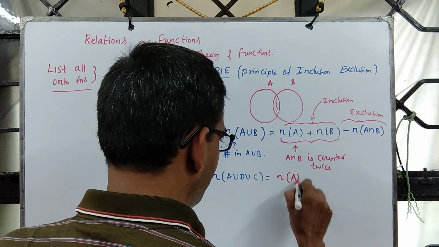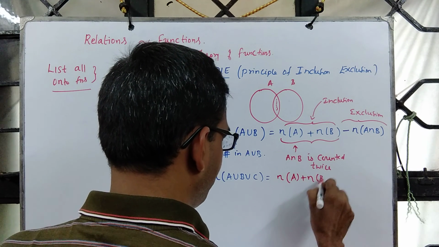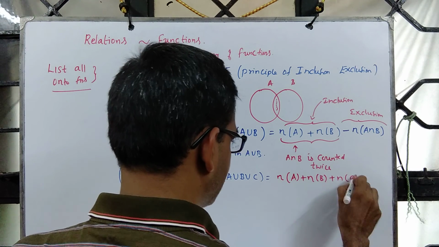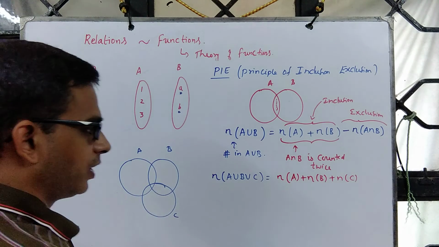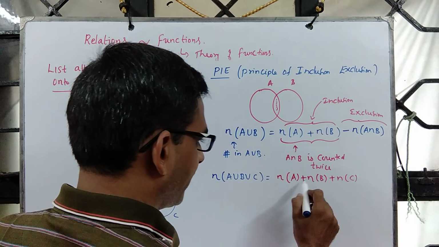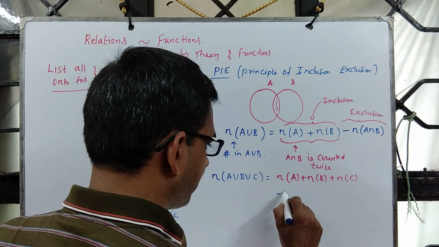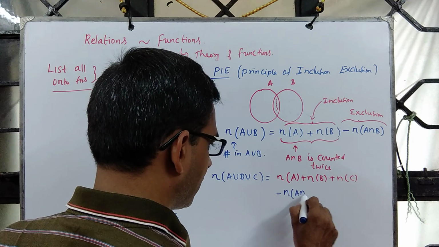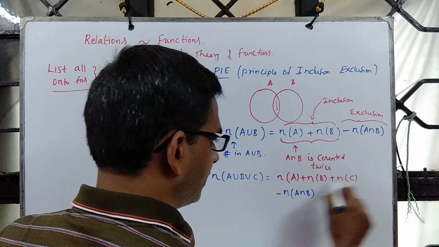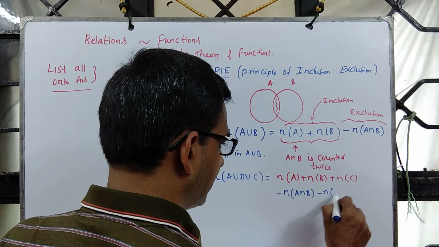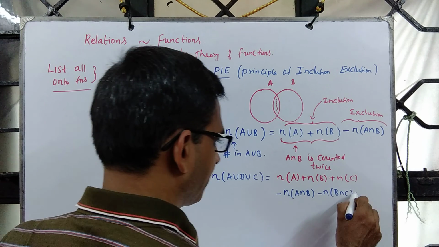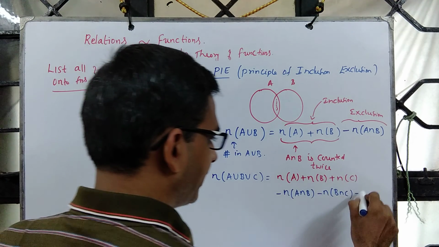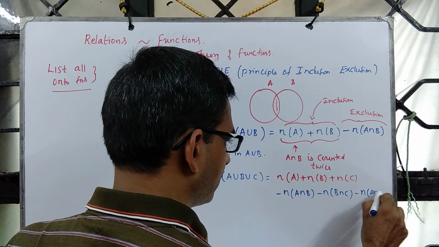We count A, we count B, we count C. Now A intersection B is counted twice, so we subtract once. B intersection C is counted twice, so we subtract. A intersection C is counted twice, so we subtract.